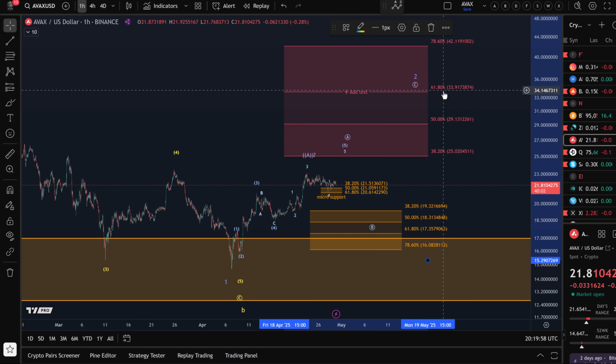So people might ask, is it a short trade setup? It could be. Once the C wave is close to completion, it could really turn into a short trade setup. But with short trades, I always say that until Bitcoin has put a top in place, these are not so productive normally.